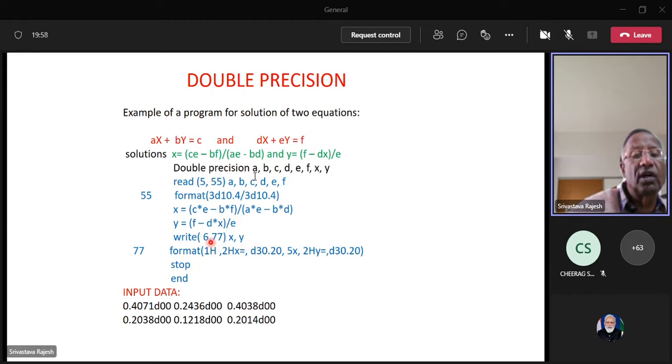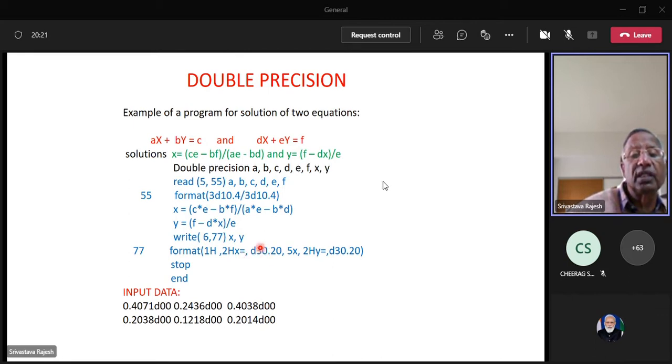Now I give the format 77: 1H blank, which gives one gap here, and then 2HX, that means leave two gaps, and whatever is written it takes, so it will be X equal to.